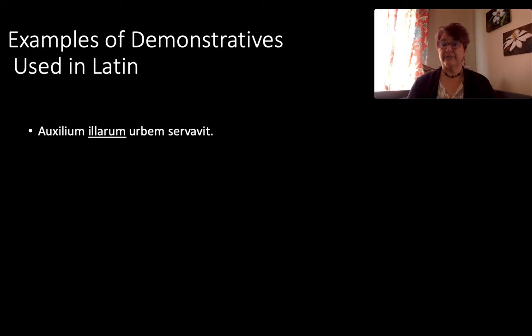In the absence of context, I need to rely on the gender of the ending for the demonstrative, which is arum and is feminine, to help me understand what this word is referring to. It's referring to women because it is in the feminine plural form. So when I translate the sentence, I can actually translate it by adding the word women into the sentence. The help of those women saved the city.